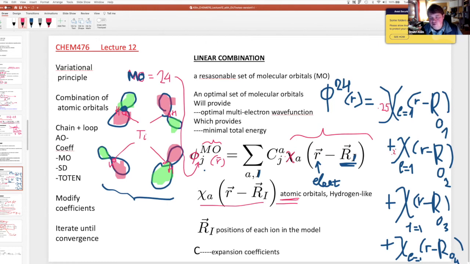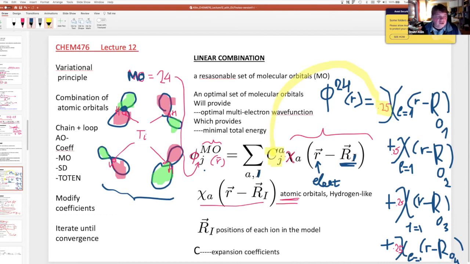I'm giving it only as an example. So all these atomic orbitals are coming together with some proportionality coefficient. And this stuff that I labeled as 0.25 is this C, right?